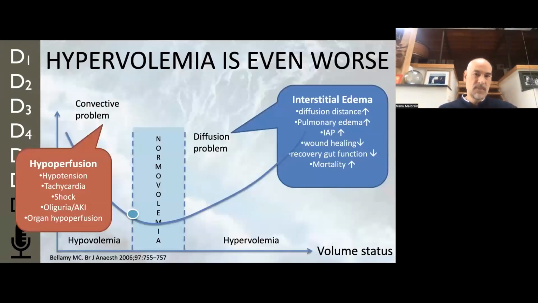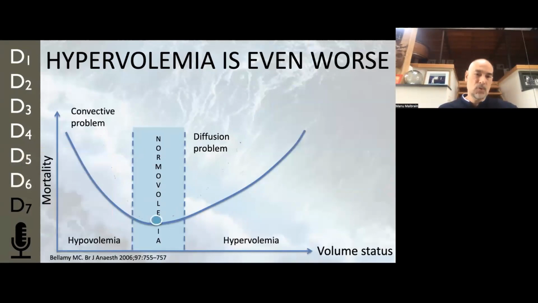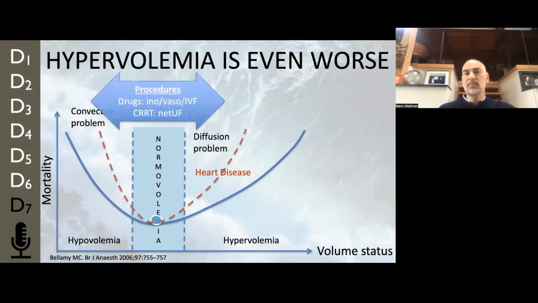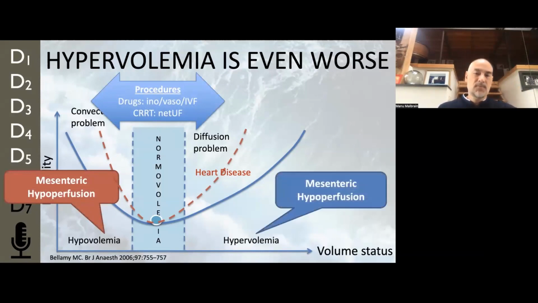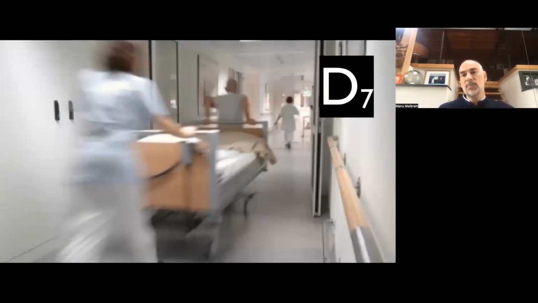I've said hypovolemia is bad, but hypervolemia may even be worse, because then you have interstitial edema and gut dysfunction, increased morbidity and mortality. Patients with concomitant heart disease may have a sharper U curve, so they may have problems more rapidly. So we need to do the right procedures, give drugs, fluids, inotropes, vasopressors, and then maybe de-escalate with diuretics or remove fluids with CRRT, because both hypovolemia and hypervolemia may carry the risk of mesenteric hypoperfusion.